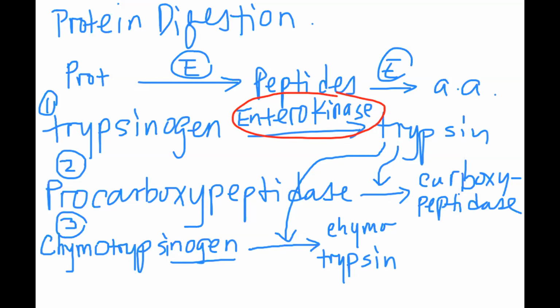The fourth will be procarboxypeptidase or carboxypeptidase. Either one will be fine, okay? Number 5 is the chymotrypsinogen or chymotrypsin. And number 6 is the enterokinase, right? Okay, so we have 6 enzymes so far.